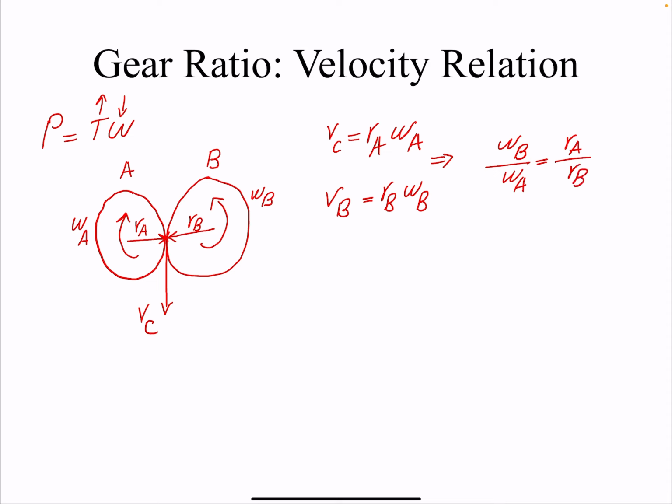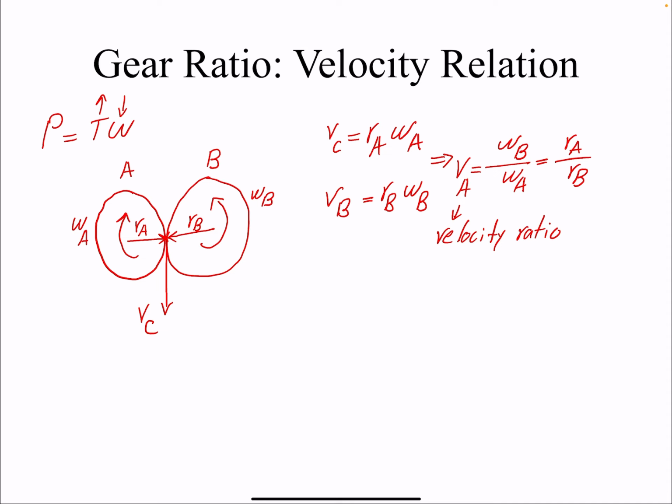That means that the speeds are inversely proportional to the radius or to the diameters. And we call this ratio the velocity ratio.